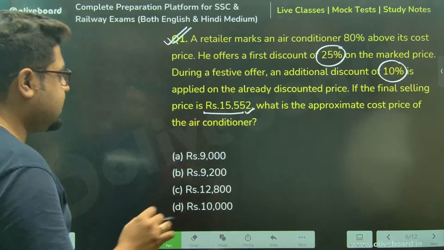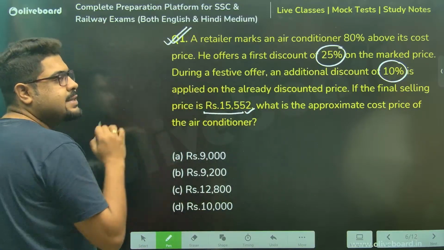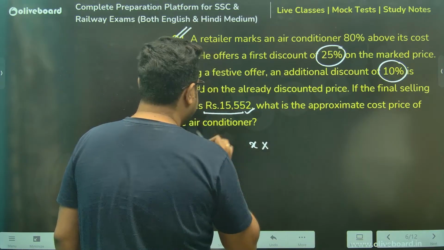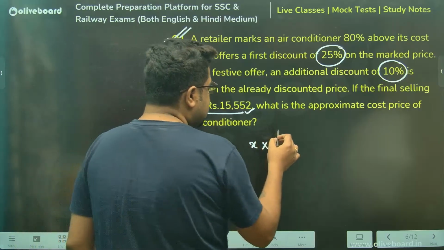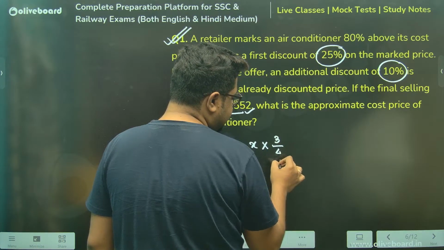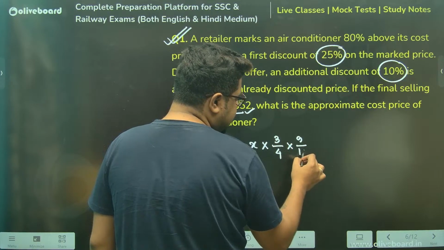First method: always when the price is given after discount, meaning SP is given, it's better to take CP as X rupees into 25% discount, meaning 75% selling price, 3/4, into 10% discount, meaning 90%, that is 9 by 10.